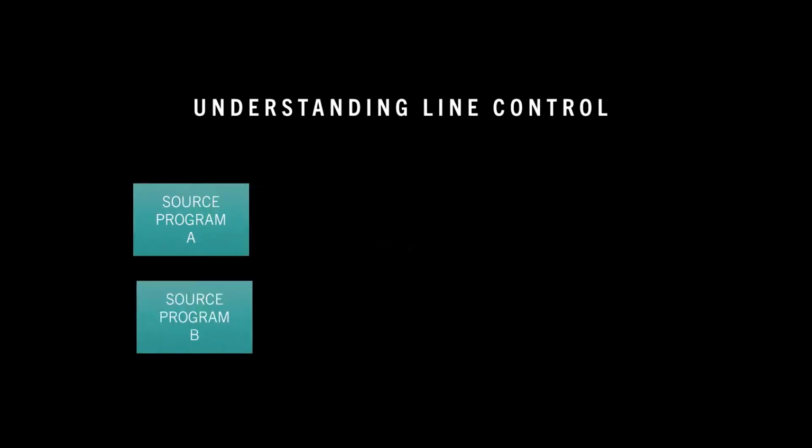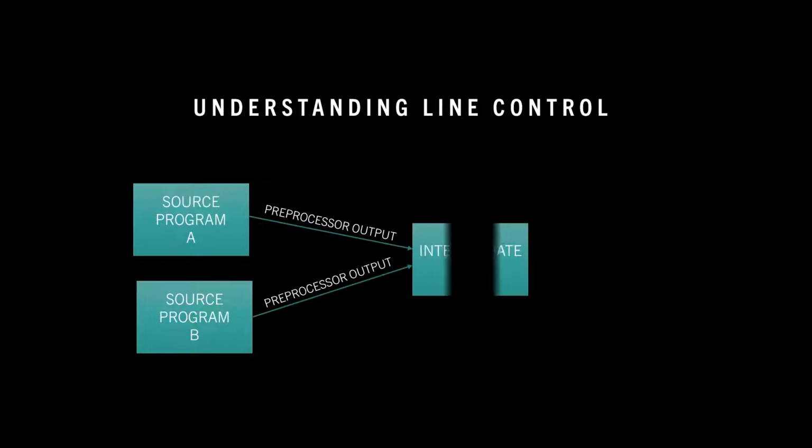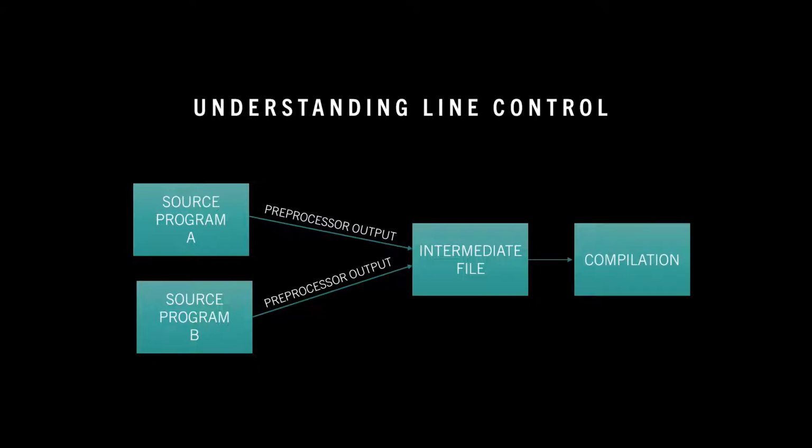Talking now about the #line directive. As I said, the line directive has something to do with line control. So let's understand line control. Let's say we have source program A, we have source program B. Preprocessing output of both files is directed to an intermediate file before, of course, being presented for compilation.